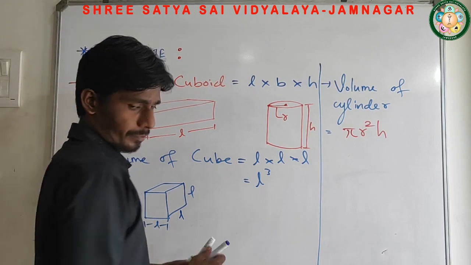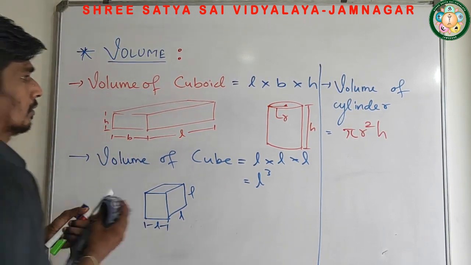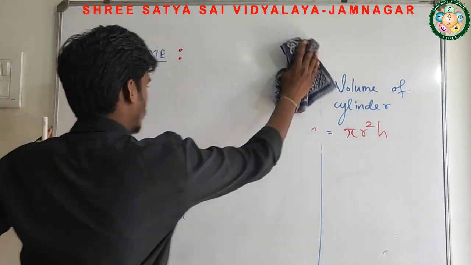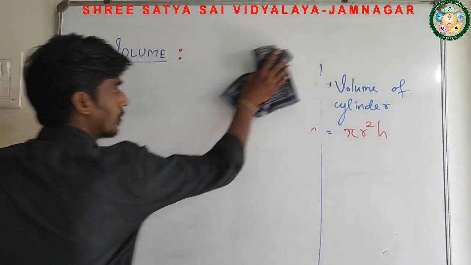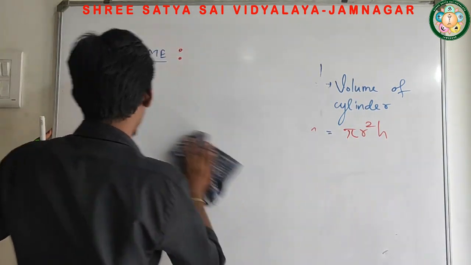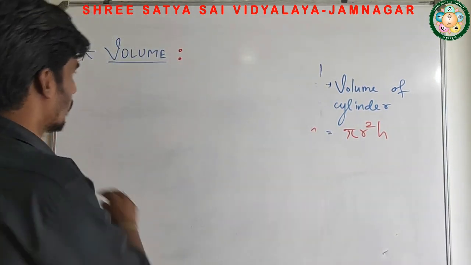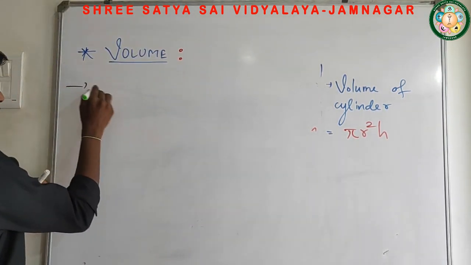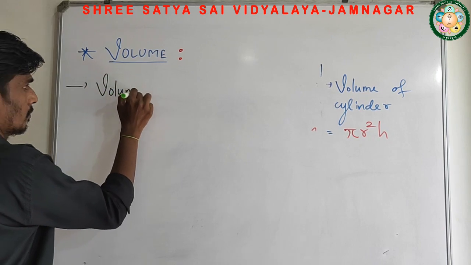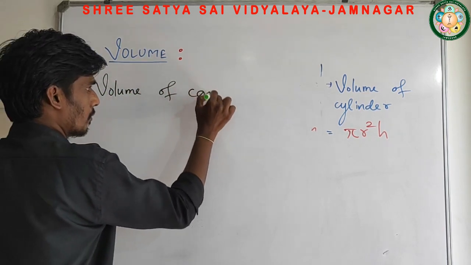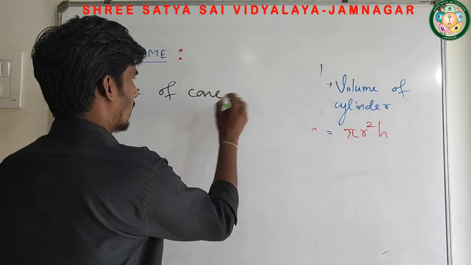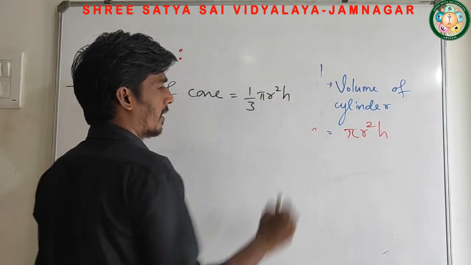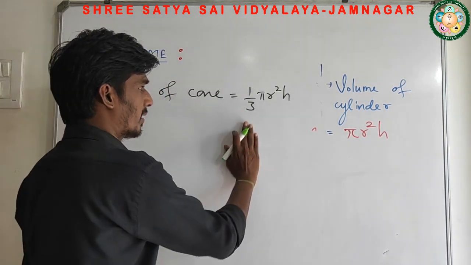Now next one, cone. Volume of cone is equal to 1 by 3 pi r square h.